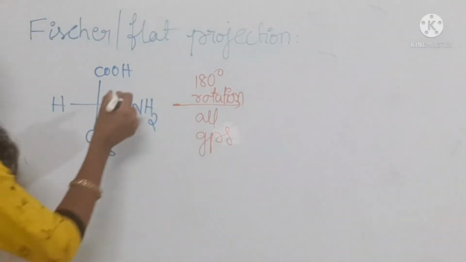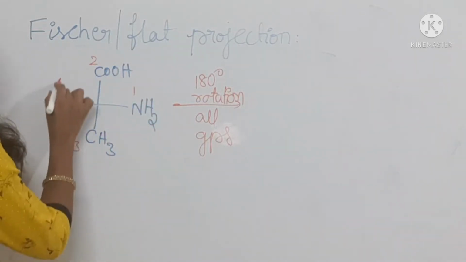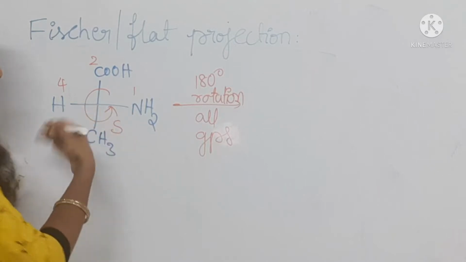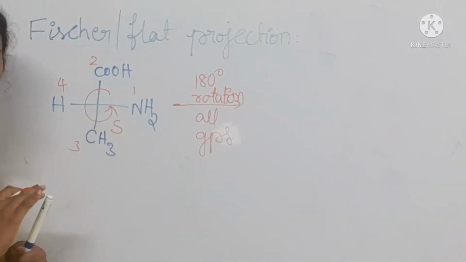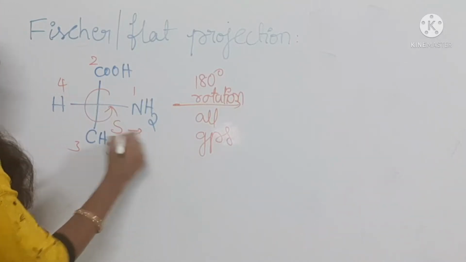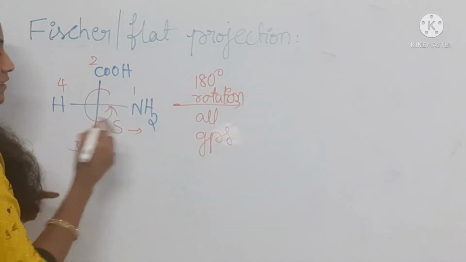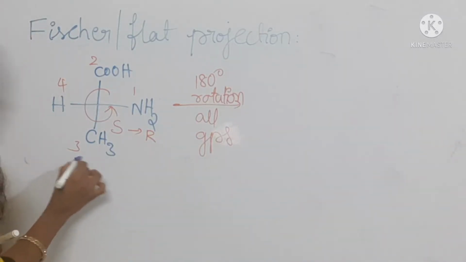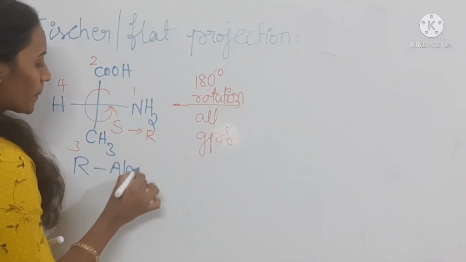See, 1, 2, 3, 4. This is S configuration with respect to plane polarized light, but hydrogen is on a horizontal plane, so S becomes R, it is R alanine.